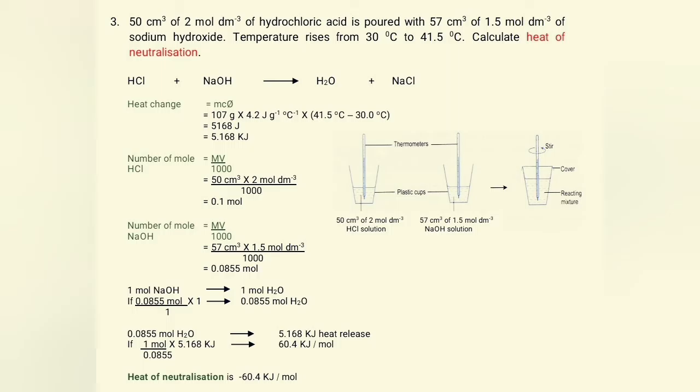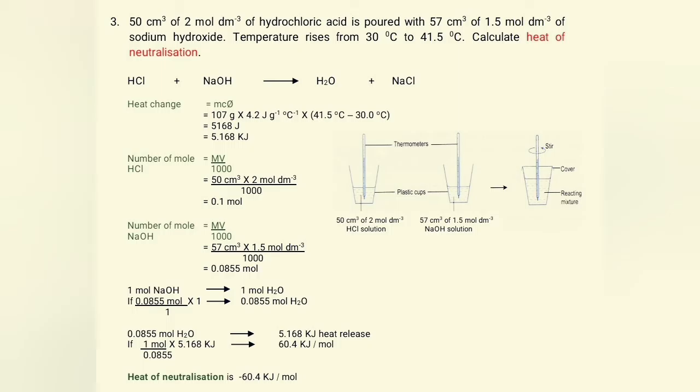Neutralization always produces heat. Therefore, heat of neutralization is always negative. The heat of neutralization between strong acids and strong alkalis is always the same. But the heat of neutralization between a weak acid and a weak alkali is less than the heat of neutralization between a strong acid and a strong alkali.